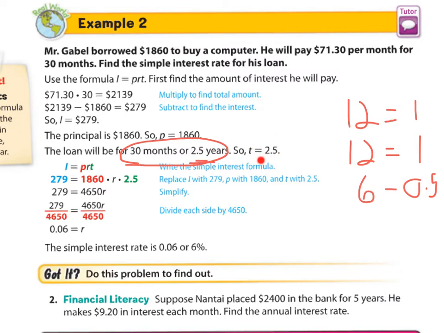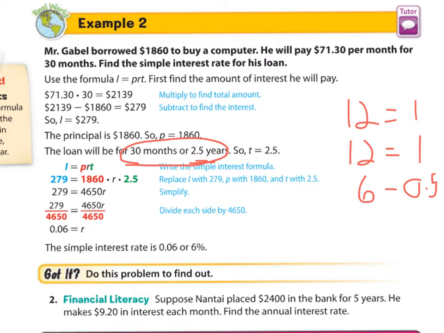So there it is. Now you have your interest. We already found it. 279 is our interest. 1,860 is our principal. We do not have the rate, but we have the time. So we're solving for just one variable, and we can use the division property of equality to solve for both sides. First, we want to isolate the r.